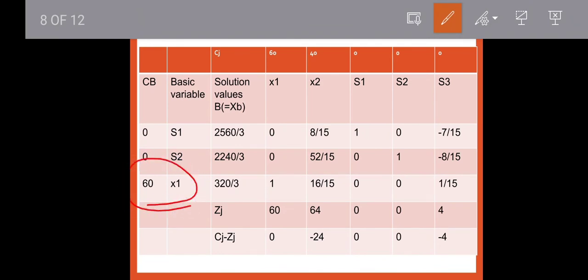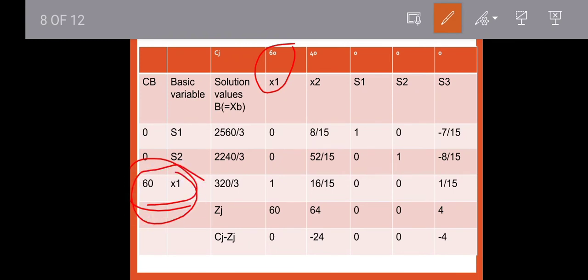I have already told that S3 is the leaving variable and X1 is the entering variable. So we enter X1, and the CB value is 60, meaning the X1 variable's value is 60. So we wrote 60 here.